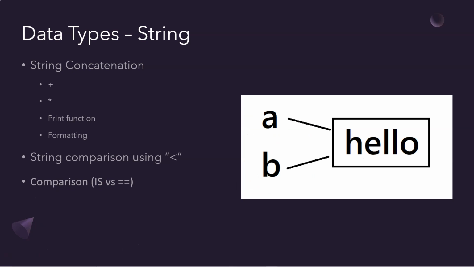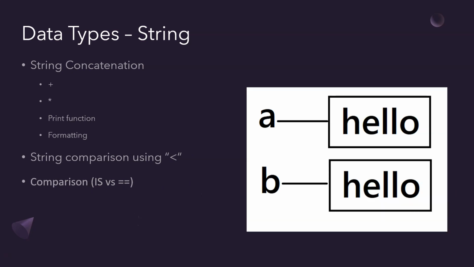For example, if a's value is hello and it is given a memory location and b is also given the same memory location, then if we say a is b, the answer would be yes. And a equal to b will also be yes, because of course they have the same value, which is hello. And since they are pointing to the same memory location, a is b will also be true. However, in this example, a equal to b will be true because both of them have the same value.